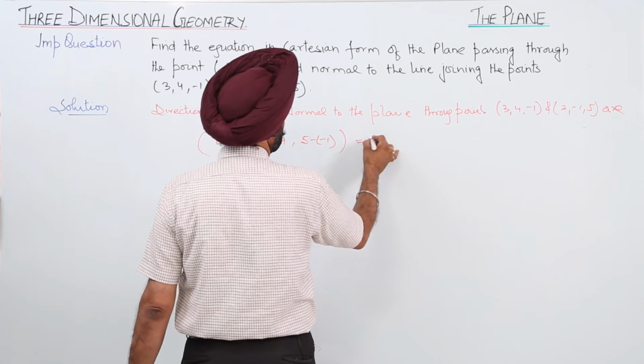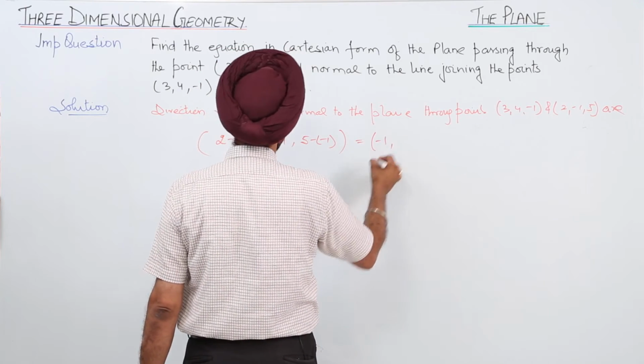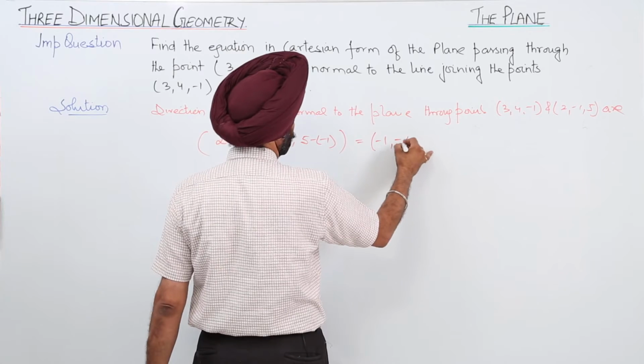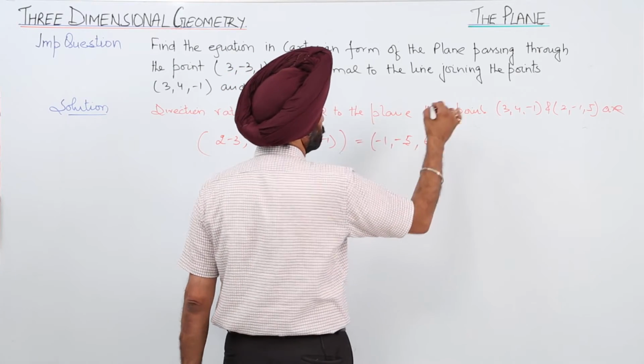Now, this is equal to negative of 1, negative of 5 and 6.